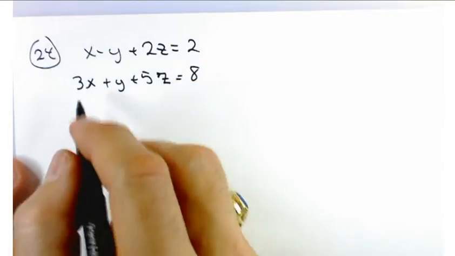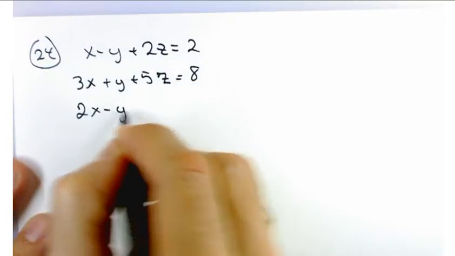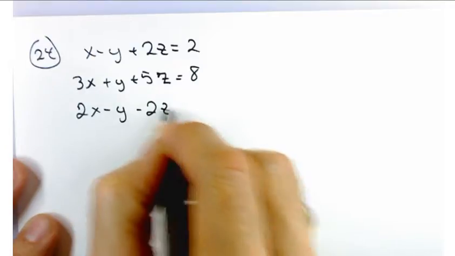And finally, 2x minus y minus 2z is negative 7.